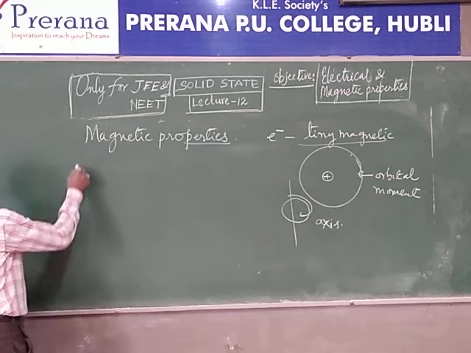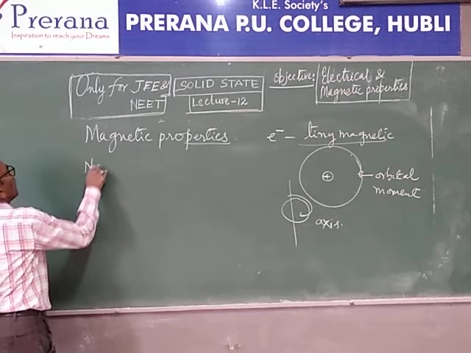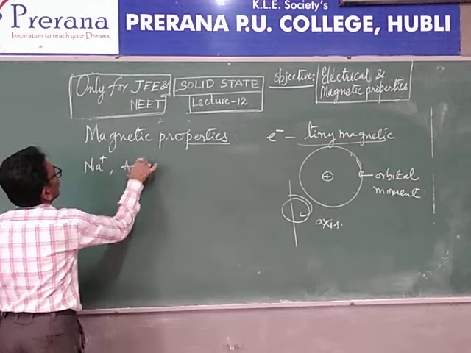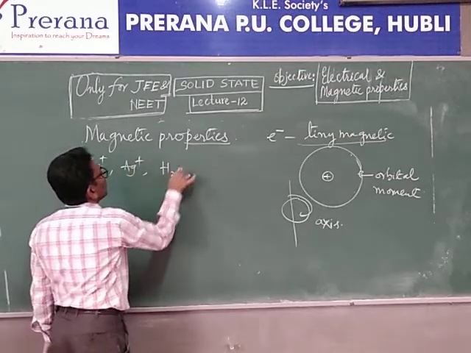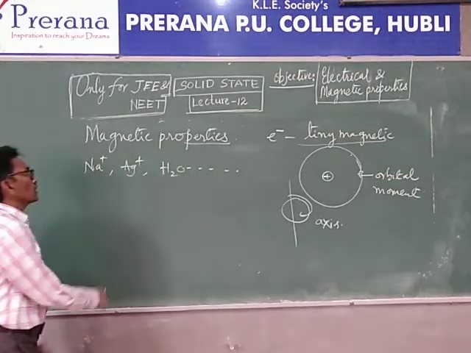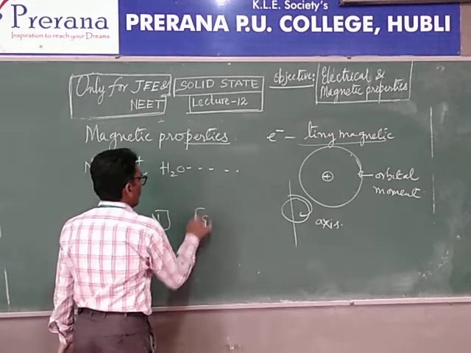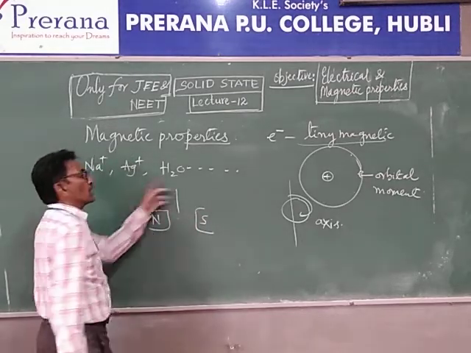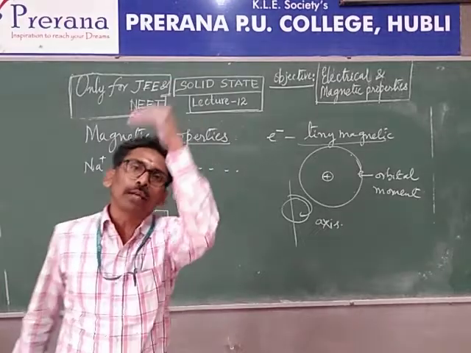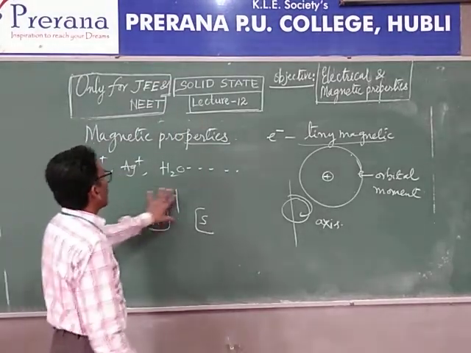Magnetic properties are classified in this one. Some materials like Na+, Ag+, water, etc. are subjected to an electromagnetic field. The substance is weakly repelled by the external magnetic field. What is the experimental observation?